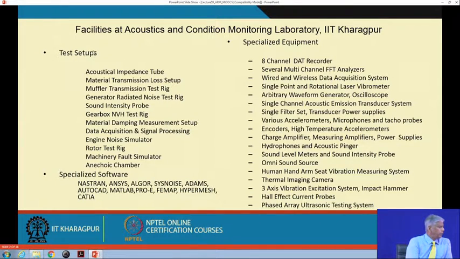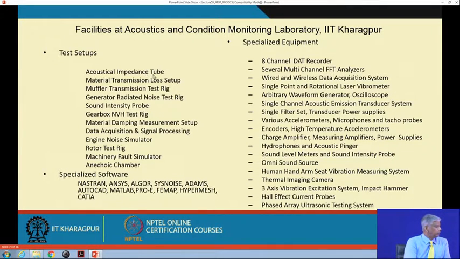We have a few dedicated test setups, specialized equipment, and a lot of software, either at our laboratory or as campus-wide, institute-wide licensed software. These are some of the commercial software which we have, and we have access to do the modeling as and when required.